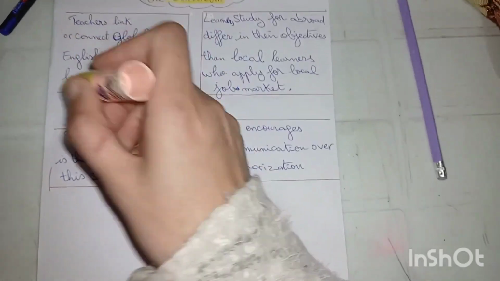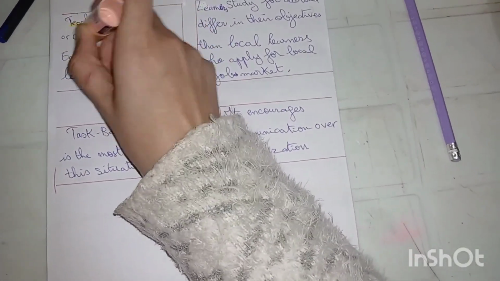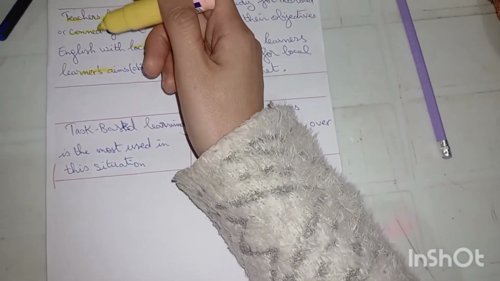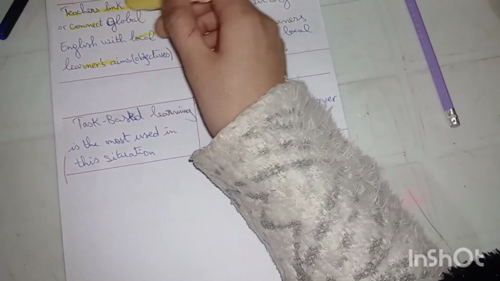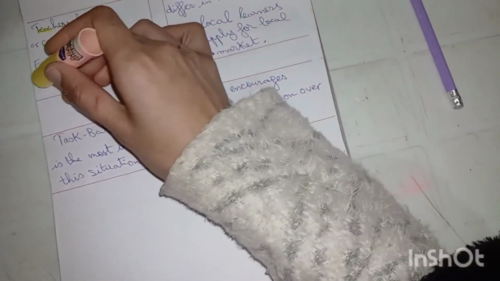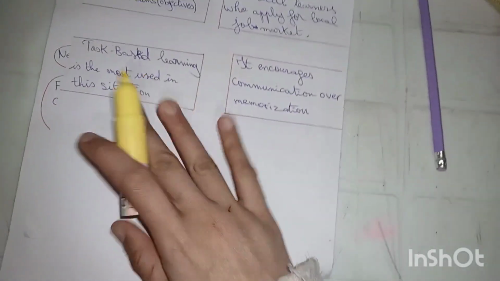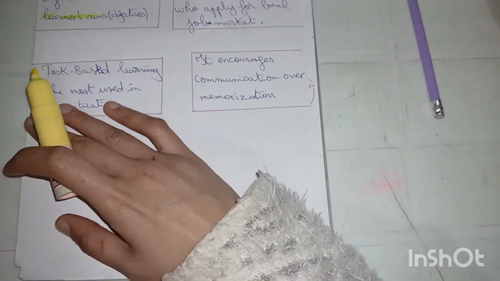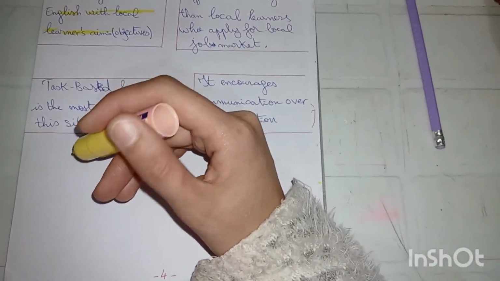So teachers will try to link, or we say connect. I use this word maybe rather than that because it can be more comprehensible, it's according to you for sure. Teachers link or connect global English with learners' aims, like objectives. What's your objective? And I will try to link it to come up in the end with the conclusion that you as a learner and I as a teacher are aiming for.